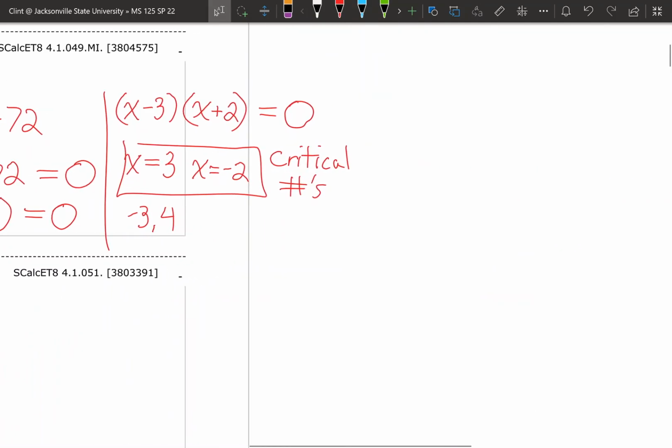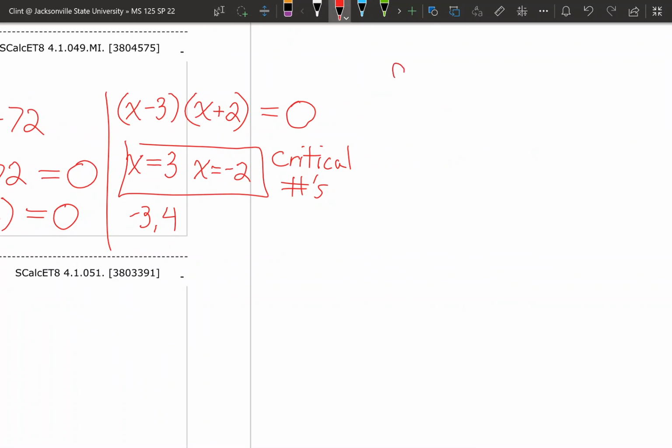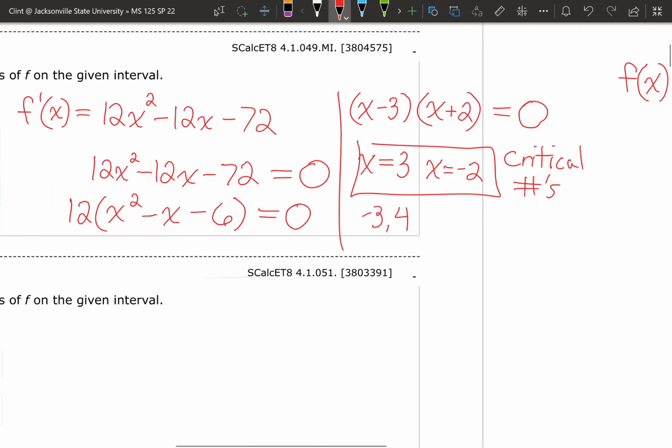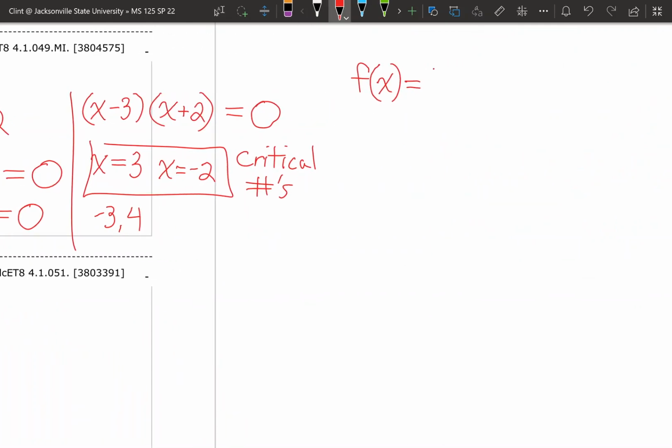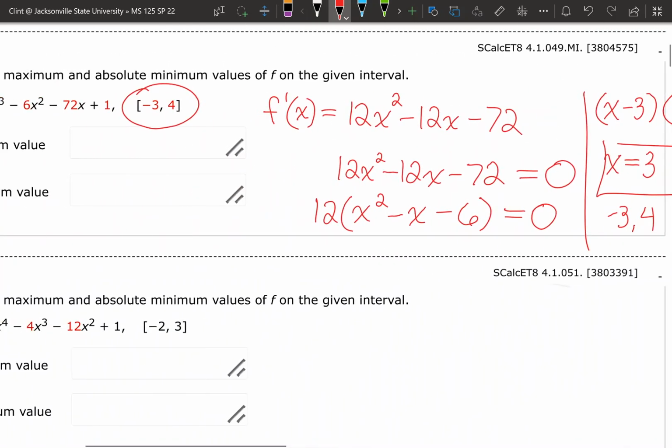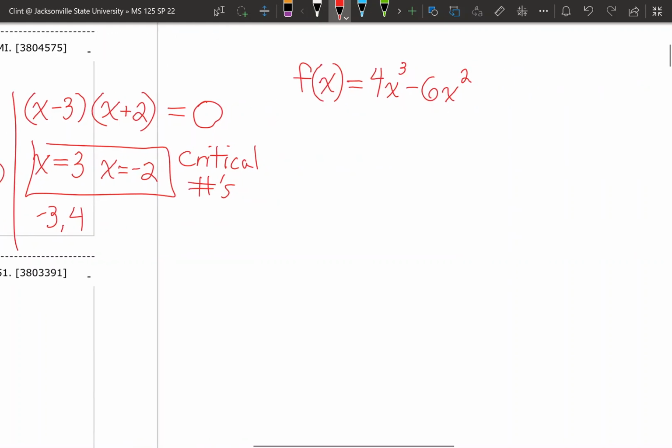Our function's a little long on this one, so it's a bit of a hassle, but not too bad. We have 4x cubed minus 6x squared minus 72x plus 1. I wish I had brought my calculator on this one, but we'll get through it.